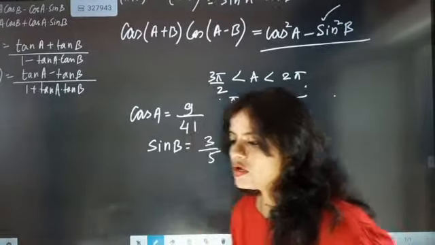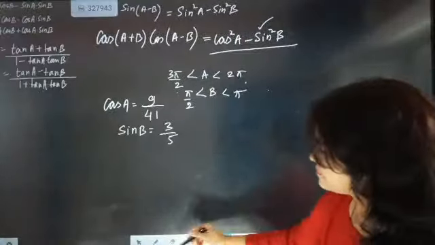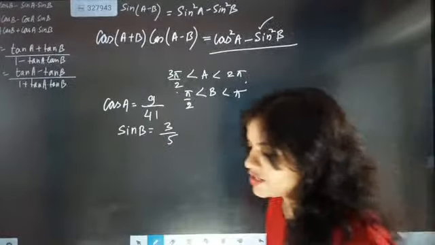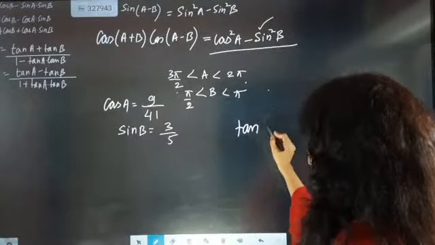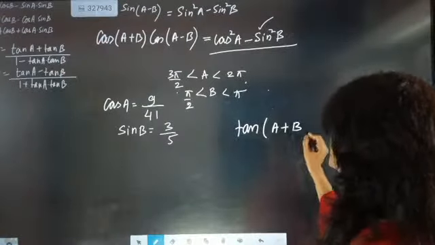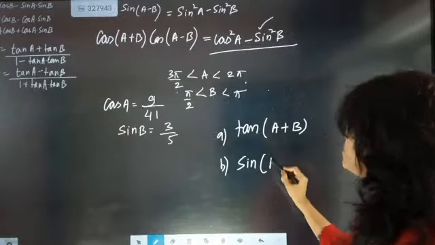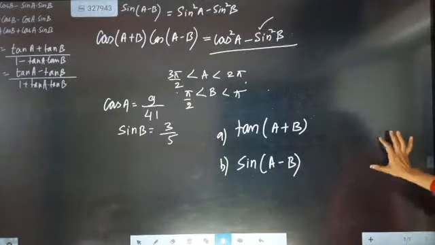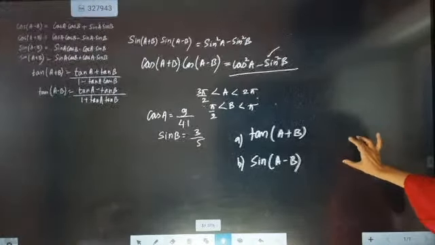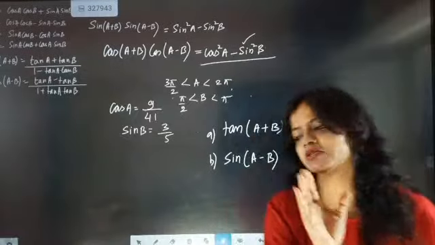Now you have to find tan of (A plus B), and second, sin of (A minus B). Come on, go for this question. Let's see how easily you are going to handle it. I am discussing basic trigonometry right now.